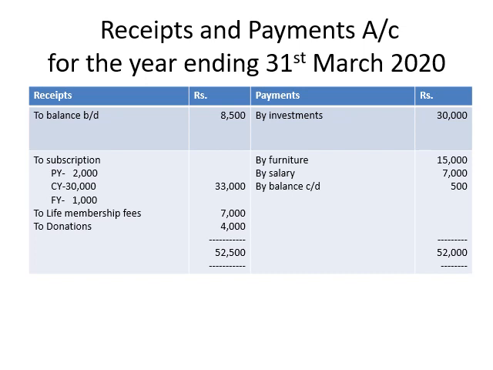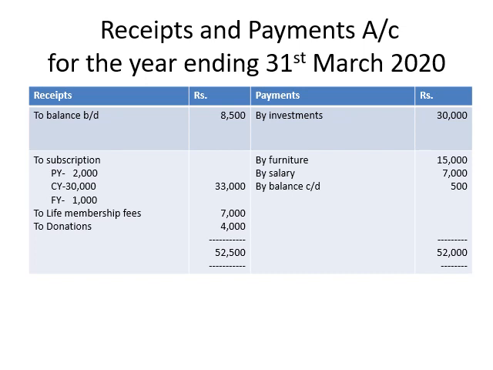You may observe it starts with the opening balance of 8,500 according to the illustration. Subscription for previous year, current year, and coming future year has been listed here with the total. The life membership fees of 7,000 is also on the receiving side, and the donation is also on the receiving side because it is a source of earning.